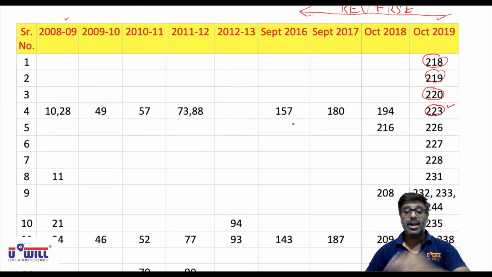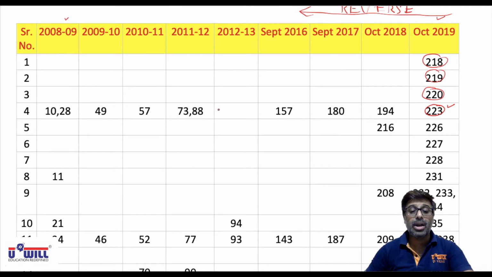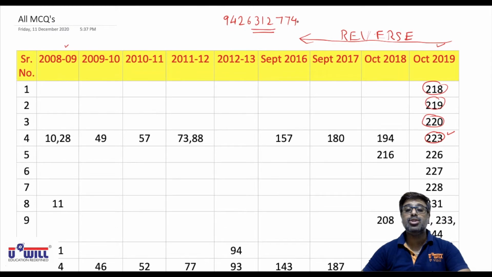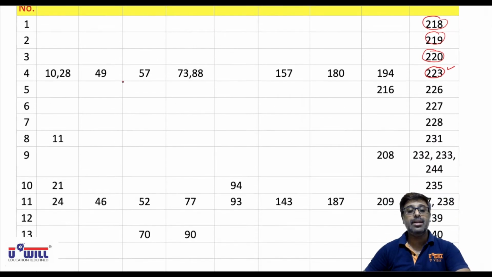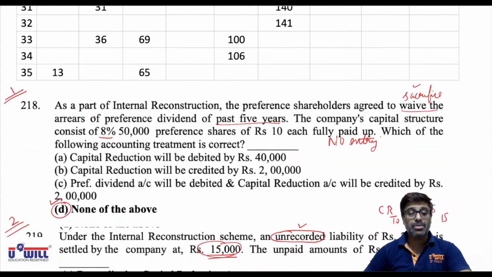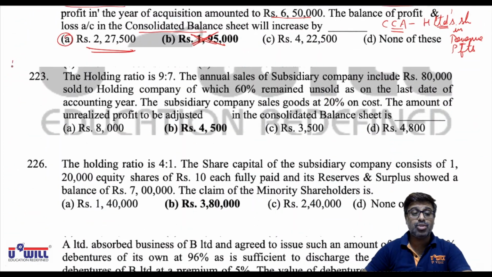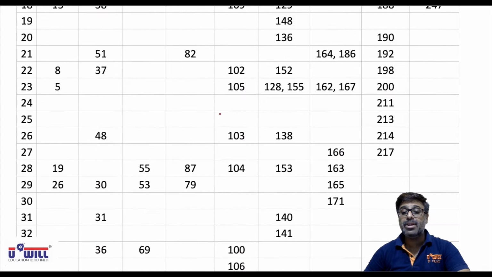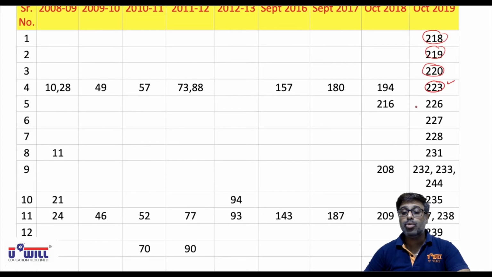Whichever answers you are not able to get, send me a message on this number. I'll get back to you with the practical solution of that question. So I am solving the fourth question, that is 223, and you will try all these other questions similar to 223 on your own.